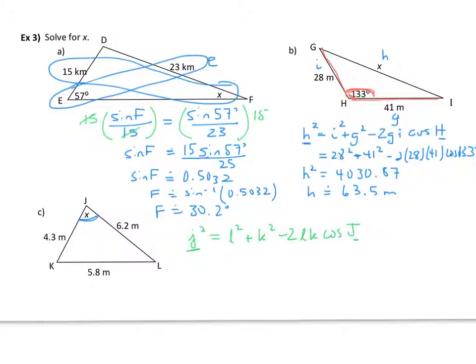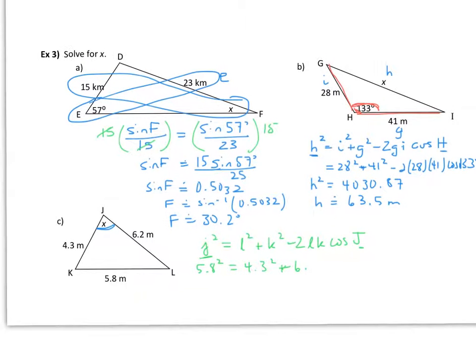All right, so J squared, 5.8 squared, is equal to L, which is 4.3 squared, plus K, which is 6.2 squared, minus 2 times 4.3 times 6.2 times the cosine of angle J, which is what we have to get by itself.